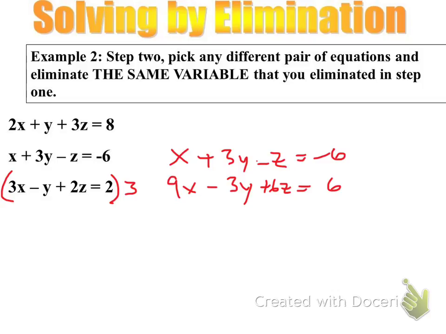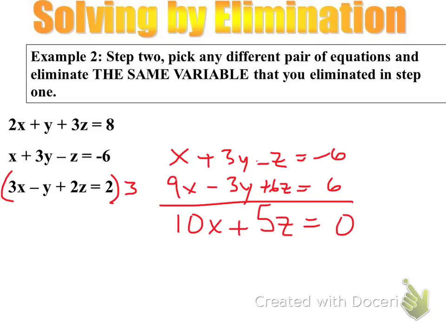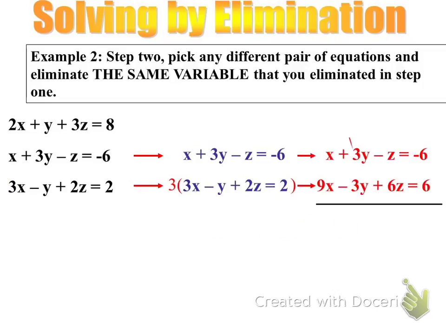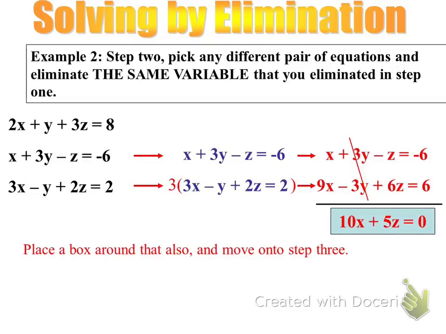Sorry for the chicken scratch there. When you add those together, you get 10x. The y's will eliminate, which is what we want. Negative z plus 6z is 5z. And negative 6 plus 6 is 0, the hero. So our second equation is 10x plus 5z equals 0.